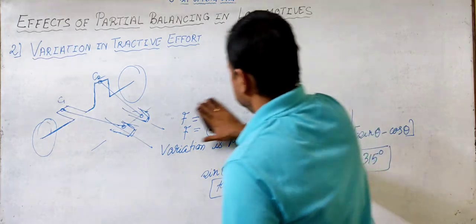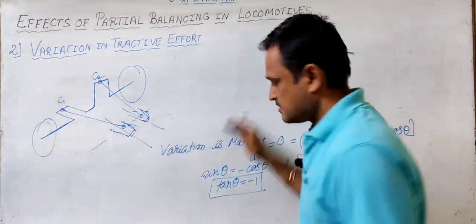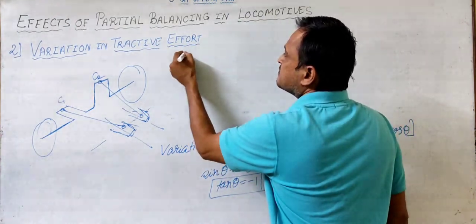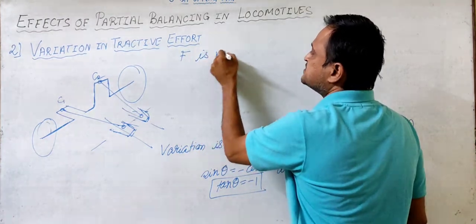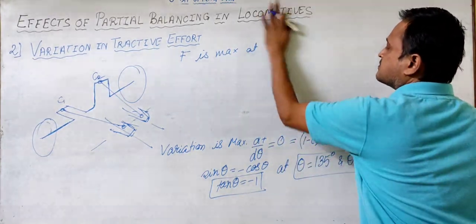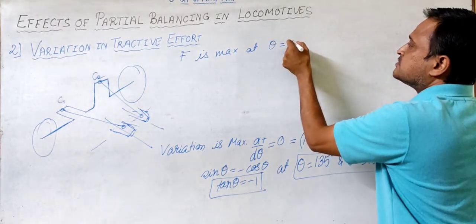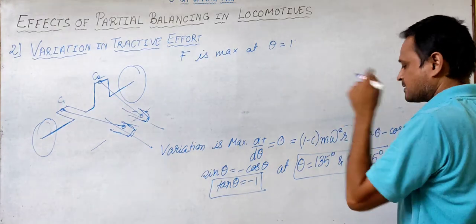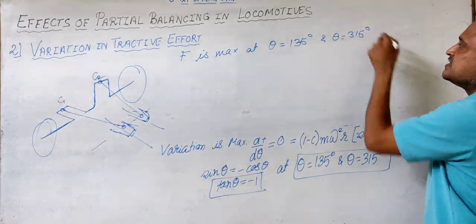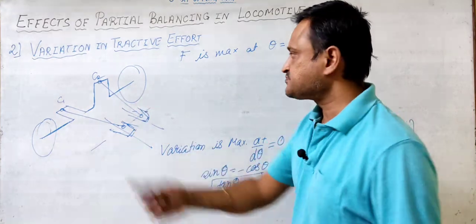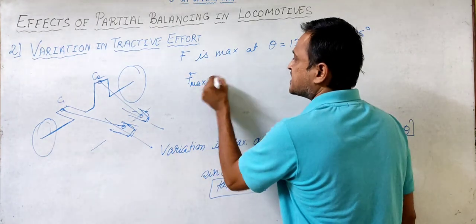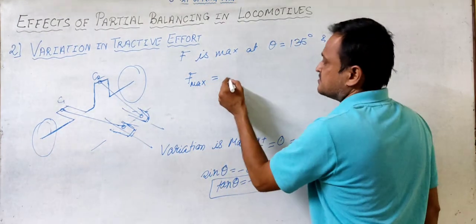This F is maximum at theta equal to 135 degrees and theta at 315 degrees. So when we put this value in that first equation, we can get this maximum variation in tractive effort.